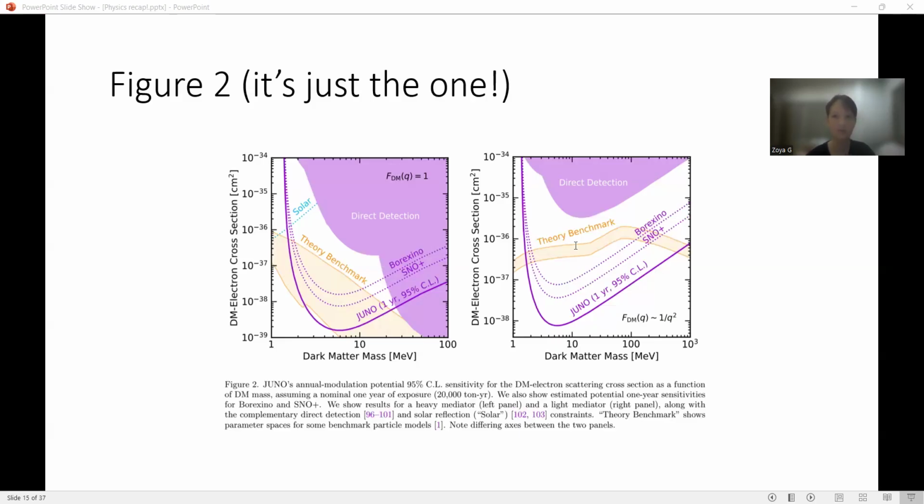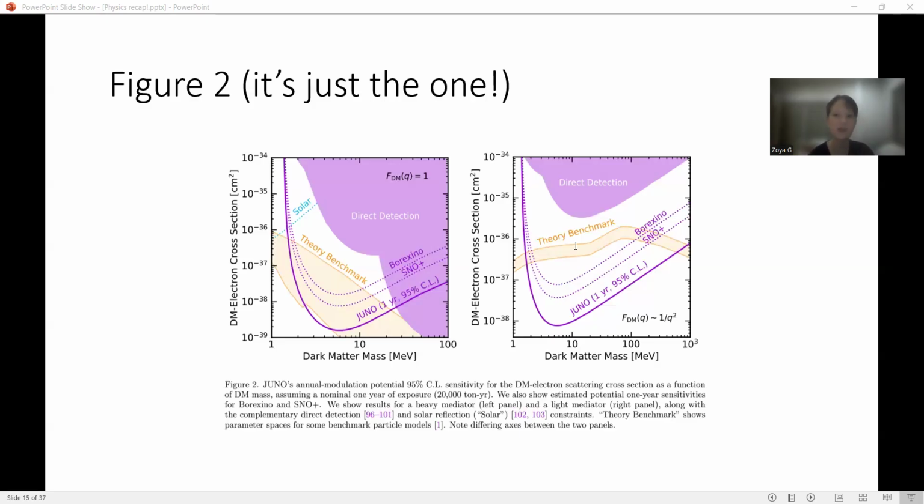So the weight, I would say, of the mediator influences a parameter which describes the amplitude of the scattering, which then depends on the momentum of the dark matter particle.